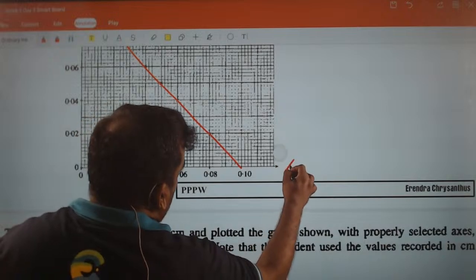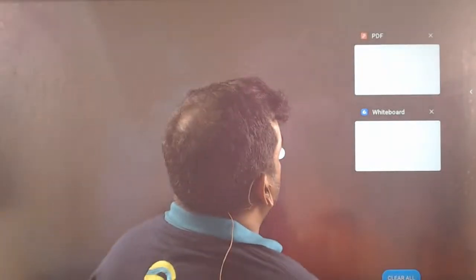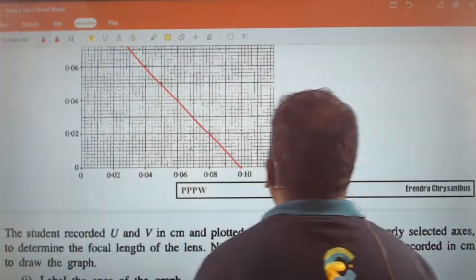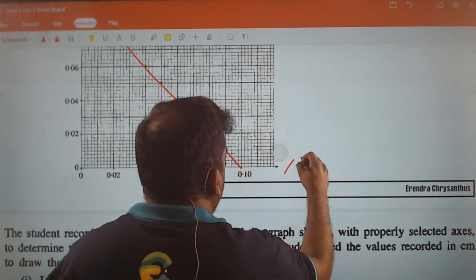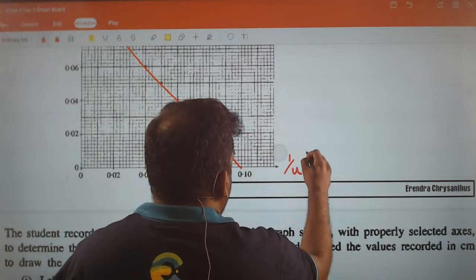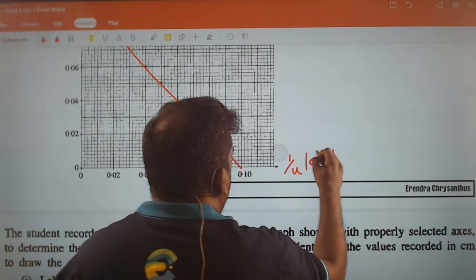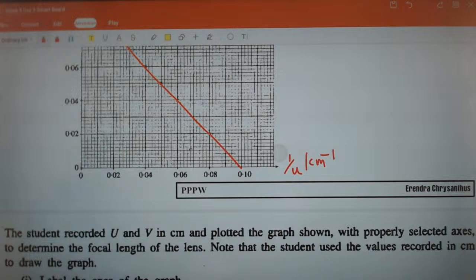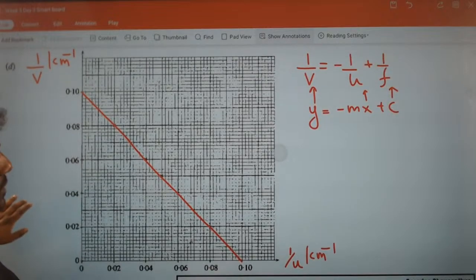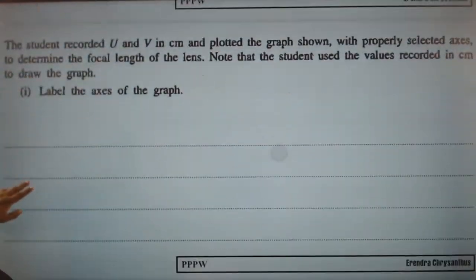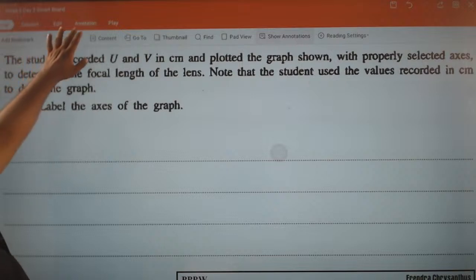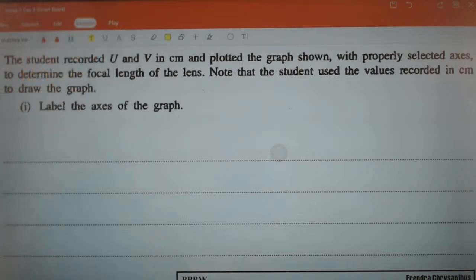Here 1 over u per centimeter. Now your y-intercept will be 1 over f, 0.1. So label the axes, done. This part is done.